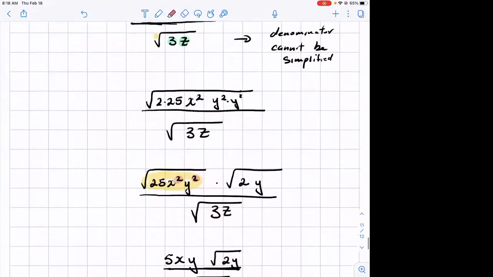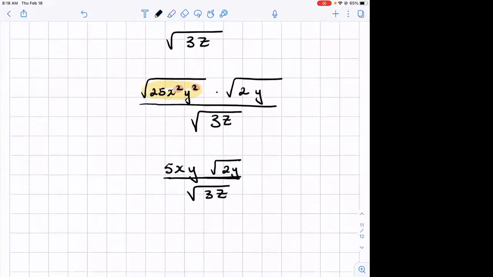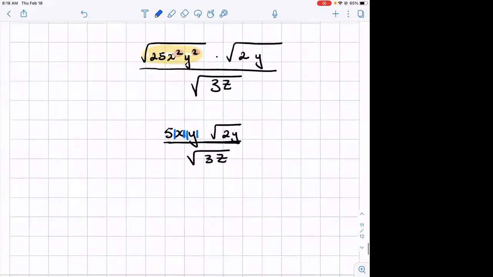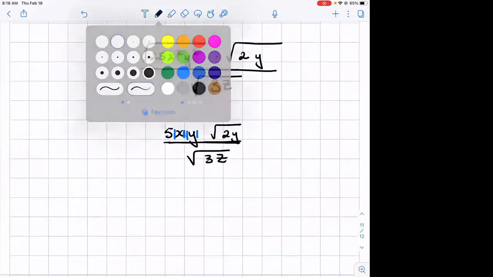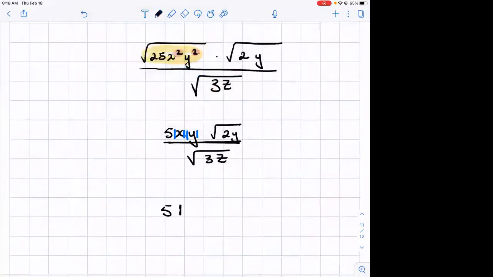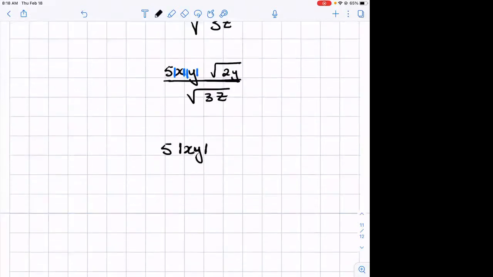So these letters must have the absolute value sign. And since they both have absolute value, we can combine them into one, the absolute value of xy. We can put them in one absolute value. Square root of 2y over the root of 3z.